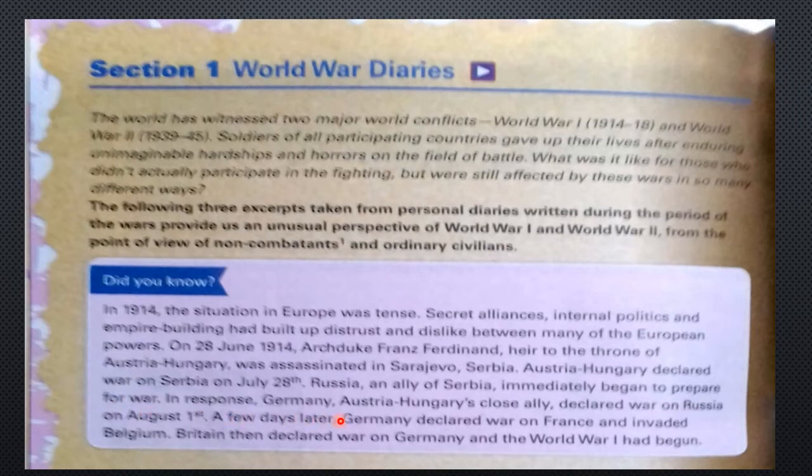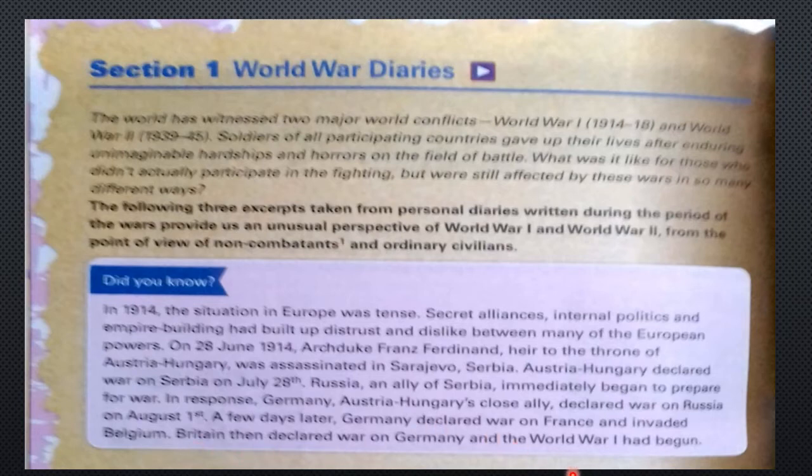In response, Germany, Austria-Hungary's close ally, declared war on Russia on August 1st. Then a few days later, Germany declared war on France and invaded Belgium. Why? Because France was also an ally of Russia.